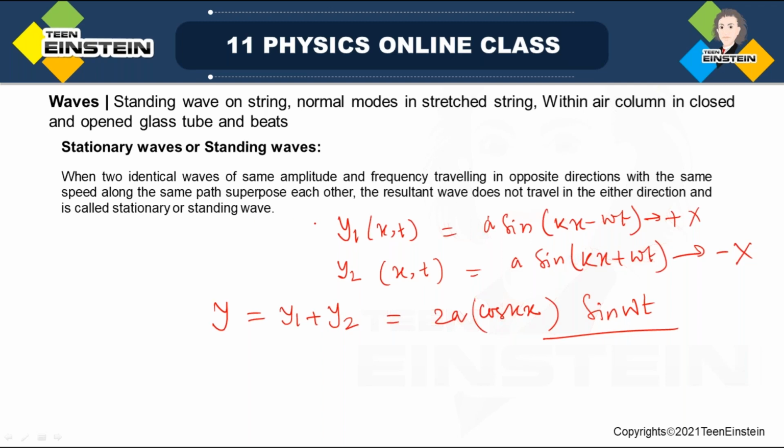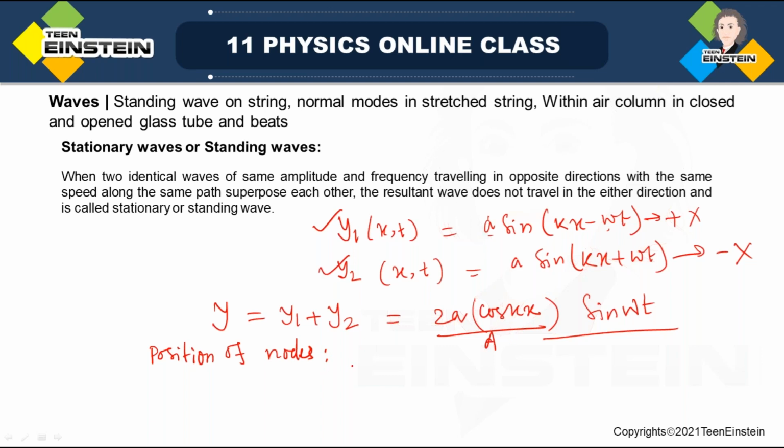If we take these two traveling waves which have the same amplitude, same frequency, same propagation constant, but traveling in the opposite direction, from here we find the conditions, or positions, of nodes. Nodes mean zero amplitude. This is the amplitude term.